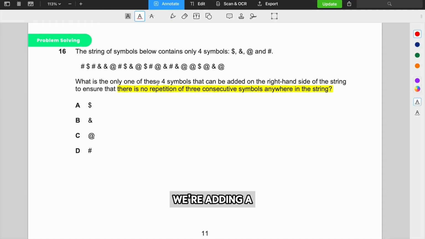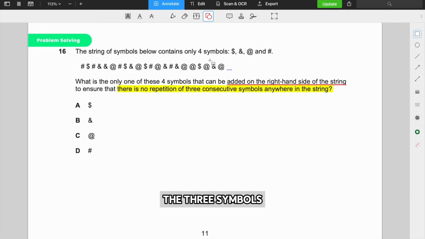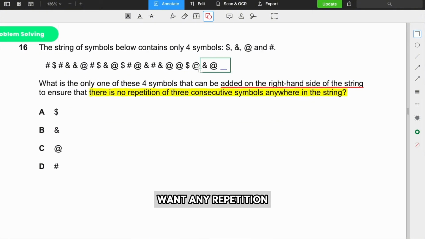We're adding one symbol on the right-hand side of the string, and we want no repetition of 3 consecutive symbols. So if we're adding a symbol here, then basically the 3 symbols that we're looking at will start with and, at, and something. So we don't want any repetition of a particular series of 3 symbols.